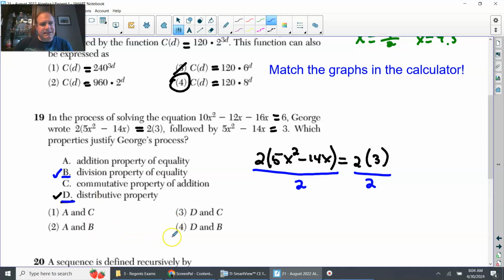So B and D would be the first 2 that he uses. Distributive property in reverse, which is distributive property, and then dividing by 2 would cancel out the 2's, and he would get 5x squared minus 14x equals 3. And that's exactly what they say he has.